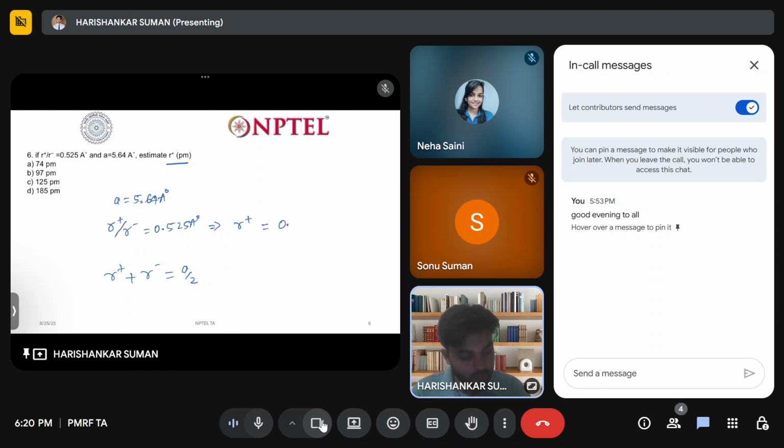So R plus equals 0.525 times R minus. This is equal to first, second, and third.